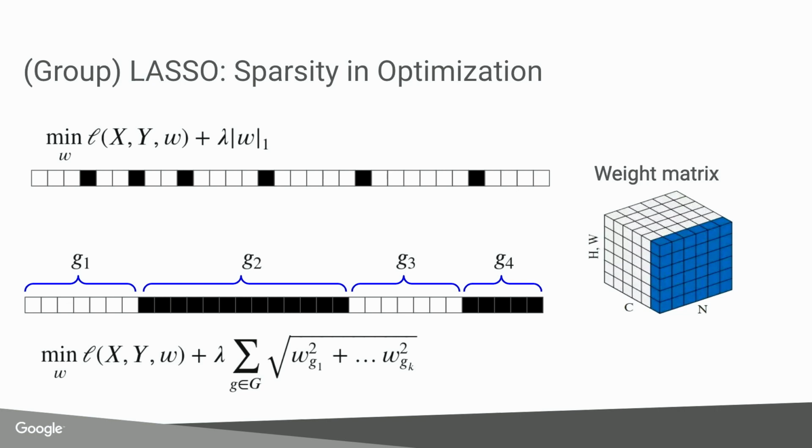In the context of weight matrices in deep networks, if you consider all the weights associated with one filter, this slice of the weight tensor, it's exactly the type of weights that we will be grouping together. And if they're all 0, we basically do not need this filter anymore.